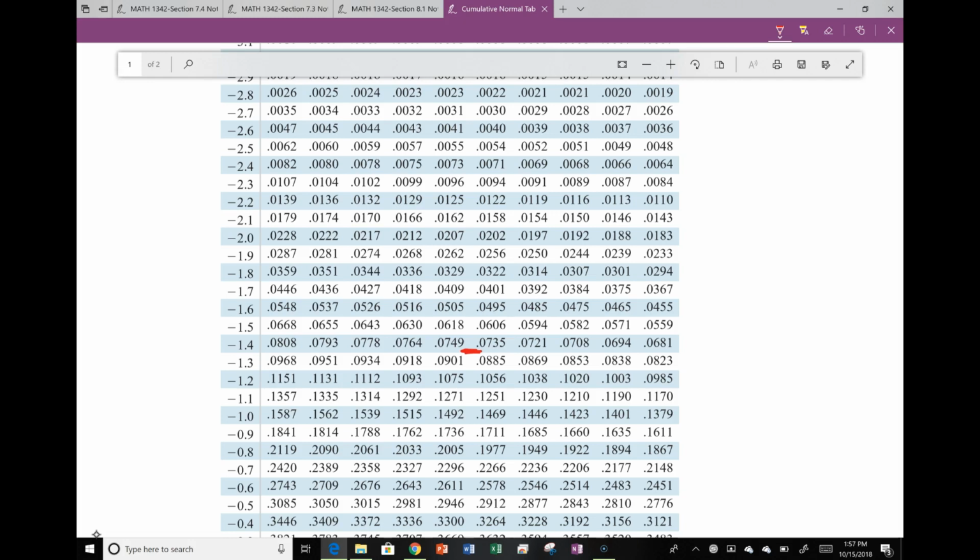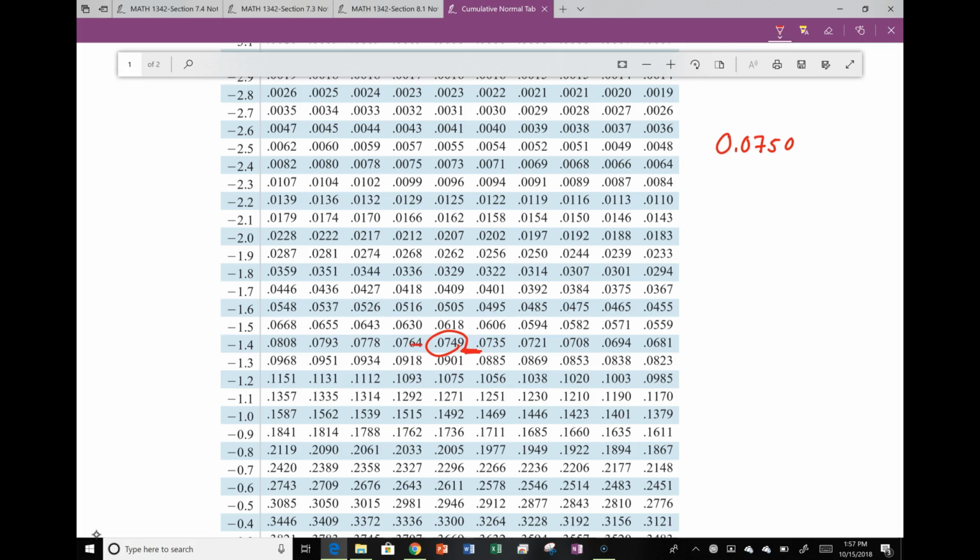So what we do is we go to the one that it's closest to. Because recall, we're looking up a 0.0750. This one is 1 value away, whereas this one is about 15 values away. So we want to use the 0.0749.